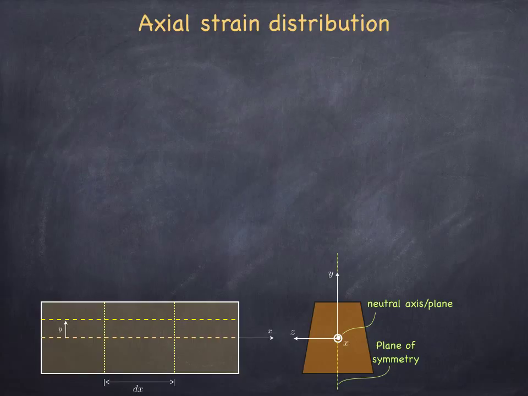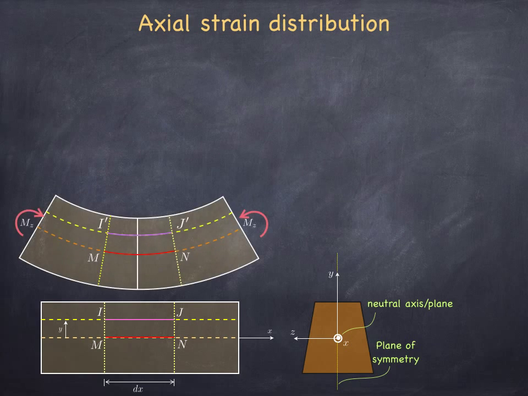I'm going to mark the two line segments, MN and IJ, on this portion of the beam before the deformation. Let us now draw the deformed shape under applied pure bending moments for this little segment.